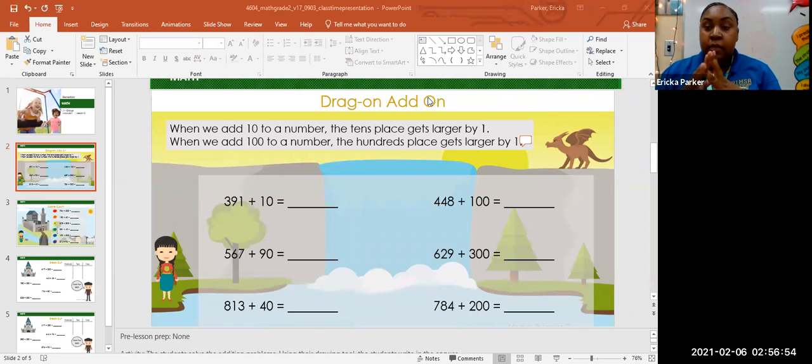Now, like I've said before, you can solve the problem however you see fit. If you think that you should just stack your numbers and do your addition that way, and that helps you get the number, then by all means, go ahead and do that. Another method that you can use is counting by tens to help you get to that answer.